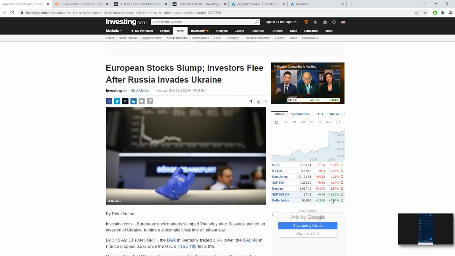And as expected, the US dollar then is strengthening against other currencies. The US dollar is viewed as somewhat of a safe haven currency, also like the Swiss franc and the yen. And so the US dollar index is up strongly, sharply, almost 1 full percent. On days when there's fear, sometimes you see the dollar index up 0.25%, and you say, wow, that's a pretty strong move on the US dollar.